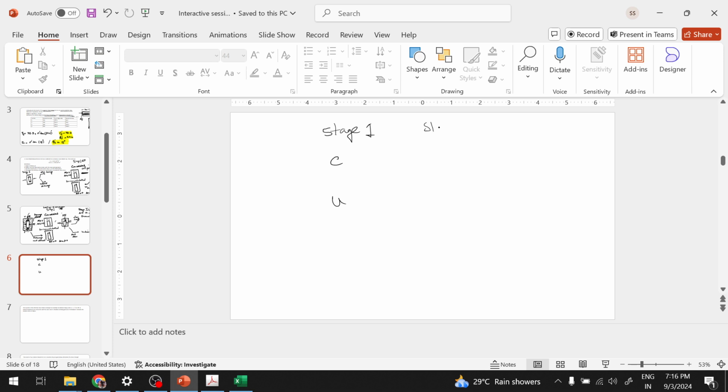In stage 2, drained, undrained. So we should actually be getting consolidated drained, consolidated undrained, unconsolidated drained, and unconsolidated undrained. We should get four cases, which is CD, CU, UD, and UU.